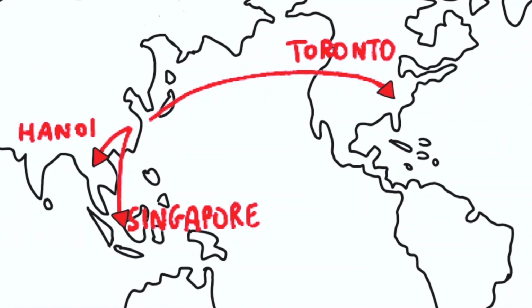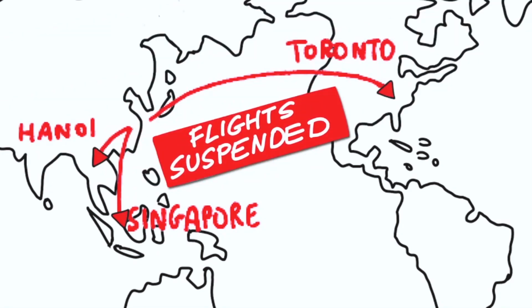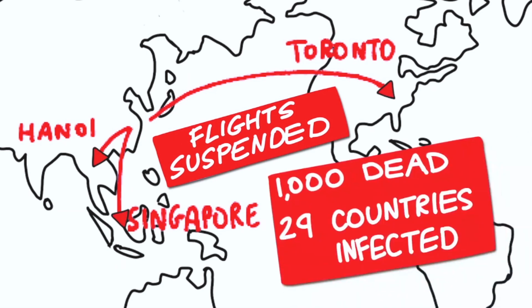Flights between Hong Kong, Toronto, and other international cities were quickly grounded, and thanks to other emergency measures, a pandemic was averted. By the time the outbreak was over 4 months later, SARS had infected 29 countries worldwide, and more than 1,000 people were dead.